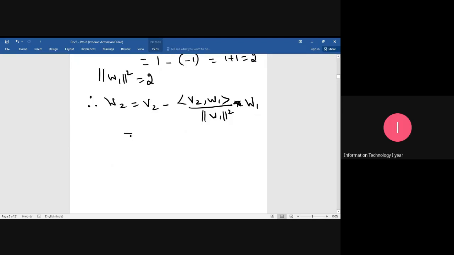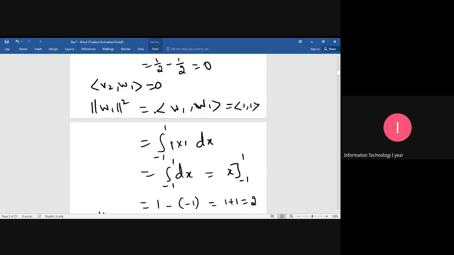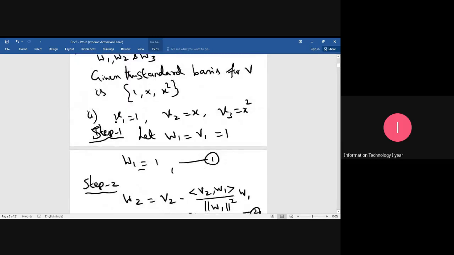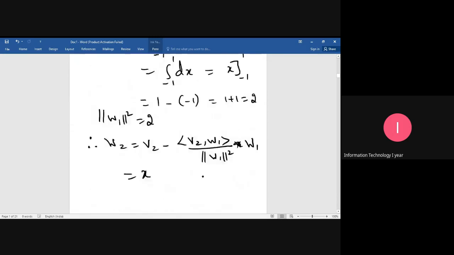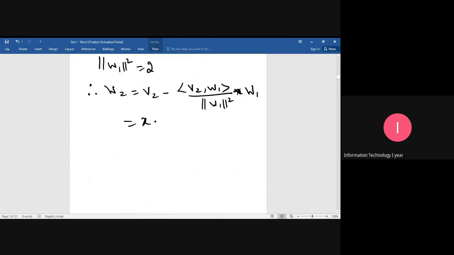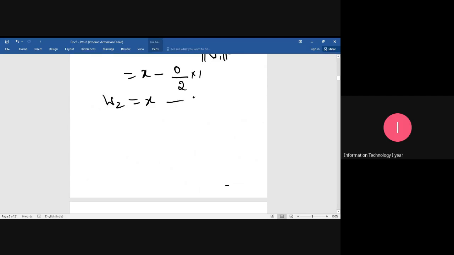Substitute V2: it is given the standard basis, V1 equal to 1, V2 equal to x, V3 equal to x square. So W2 is x minus, where the inner product of V2 comma W1 is 0 and norm W1 square is 2, into W1 which is 1. Therefore, W2 is x only. We got the answer W2 is x. Take this as equation number 2.